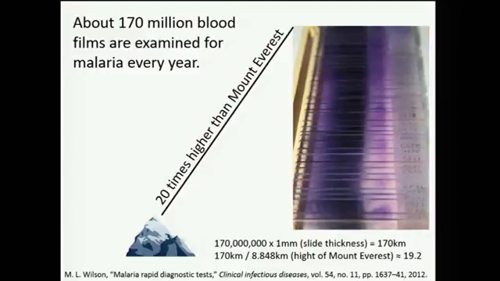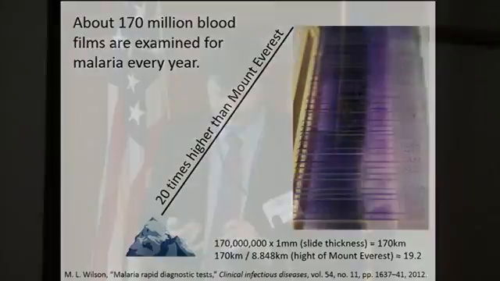If you assume that a slide is 1 millimeter thick, and you put them all on top of each other, you have a mountain that is about 20 times higher than Mount Everest. And this has all been scanned manually in the world. So there's a large potential for doing that automatically and also more reliably and more cost effectively.